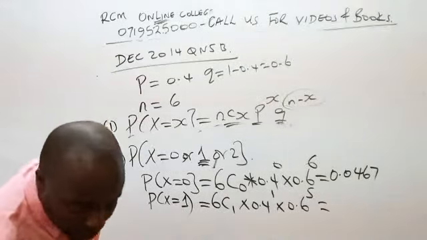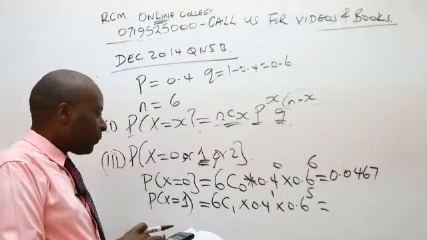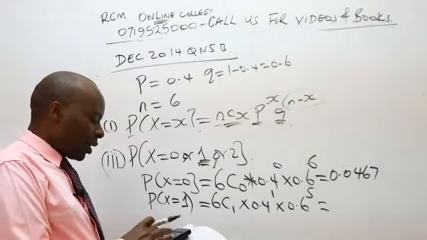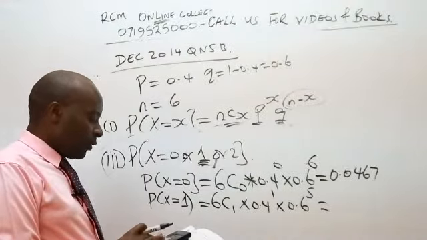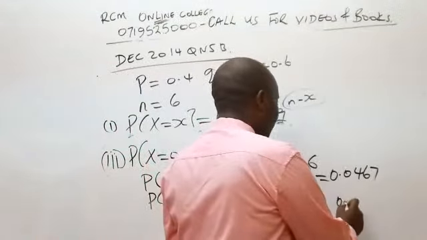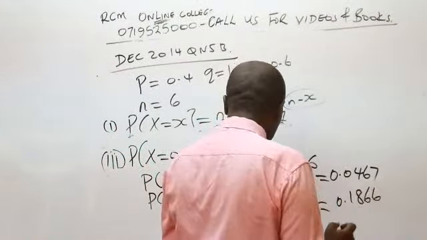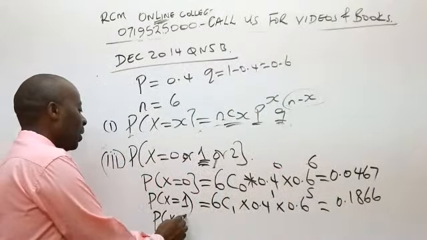So get out your calculator again. 6 combinations 1 times 0.4 raised to 1 times 0.6 raised to 5 gives me 0.1866. And then we have probability of X being equal to 2.